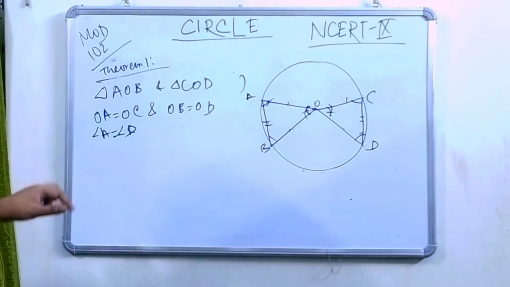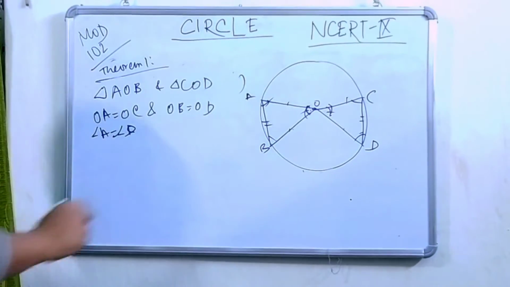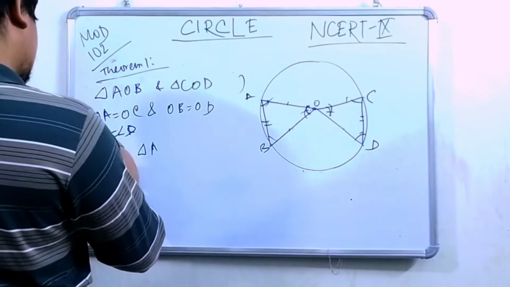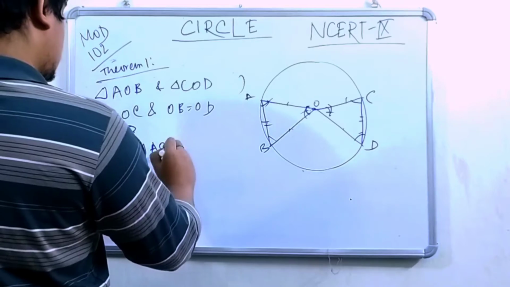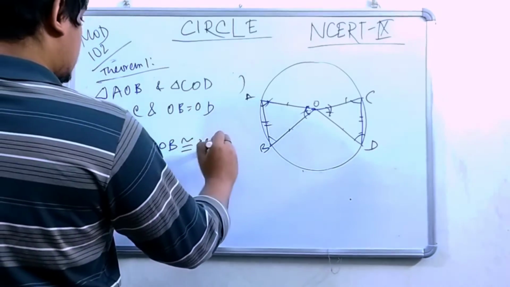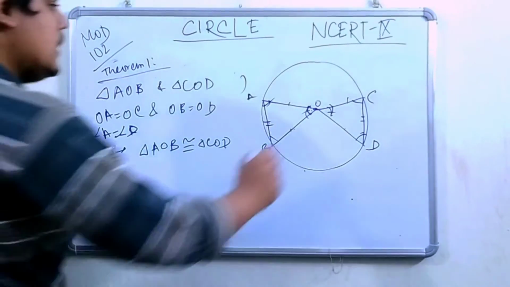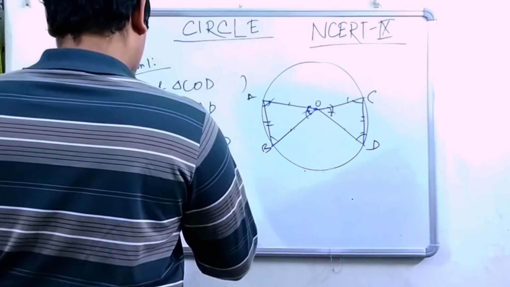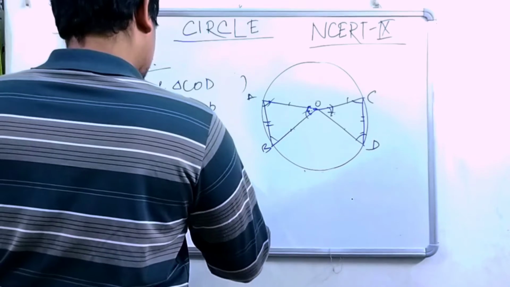So if it is equal, then according to the SAS axiom, AOB will be congruent to COD. If they become congruent, by the common property of congruent triangles, AB becomes CD.